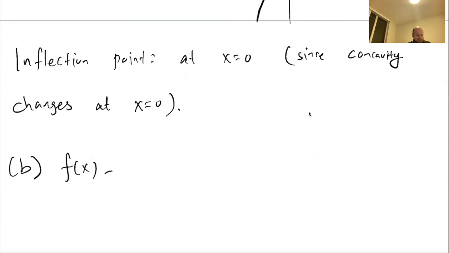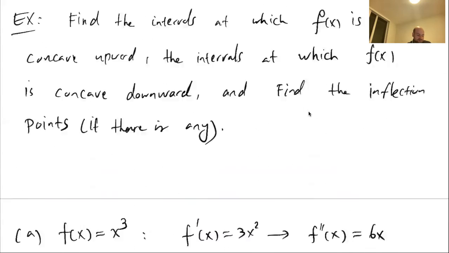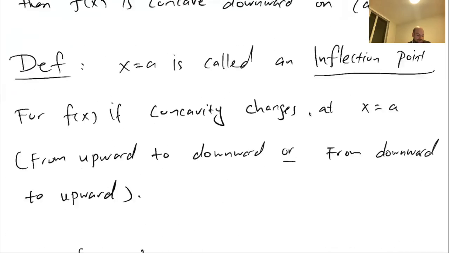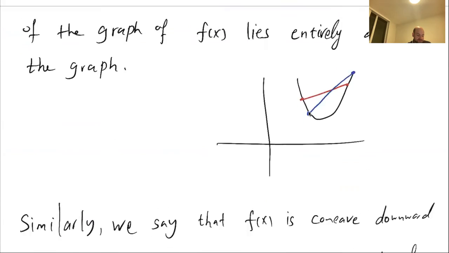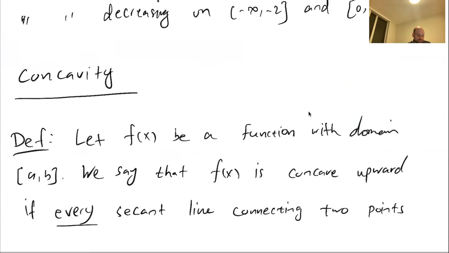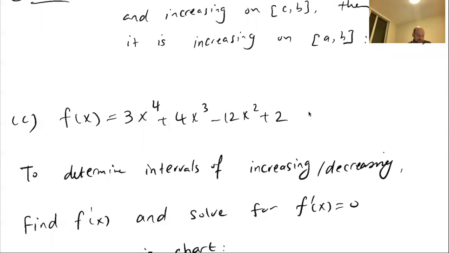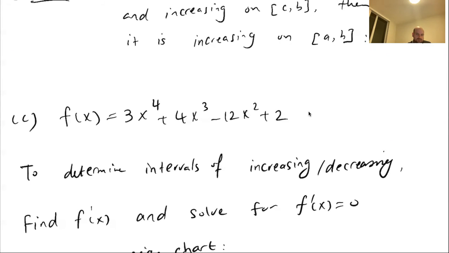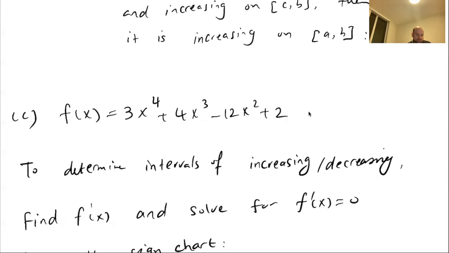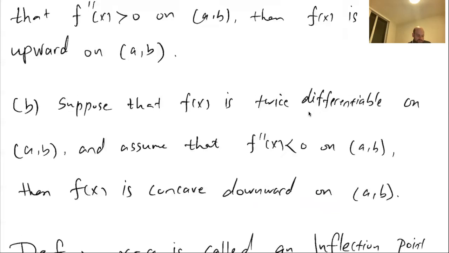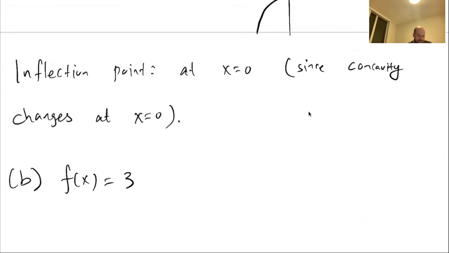f of x equals, let me consider the function that we previously studied to determine the increasing and decreasing intervals. This function here: 3x to the power 4, minus 4x to the power 3, minus 12x squared plus 2.